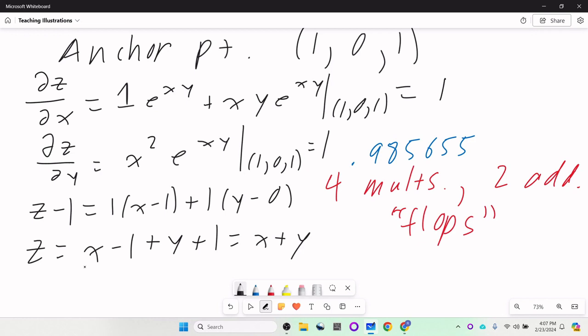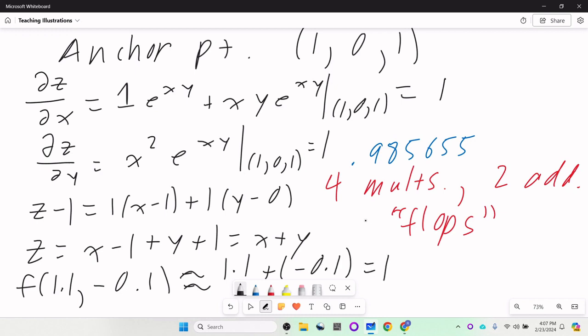So if they said find f of 1.1, negative 0.1, well, we know that's near our anchor point of 1, 0, 1, so we can just plug in. It's about 1.1 plus negative 0.1, which is 1. Now that's not as precise, of course, but how much did we have to do?